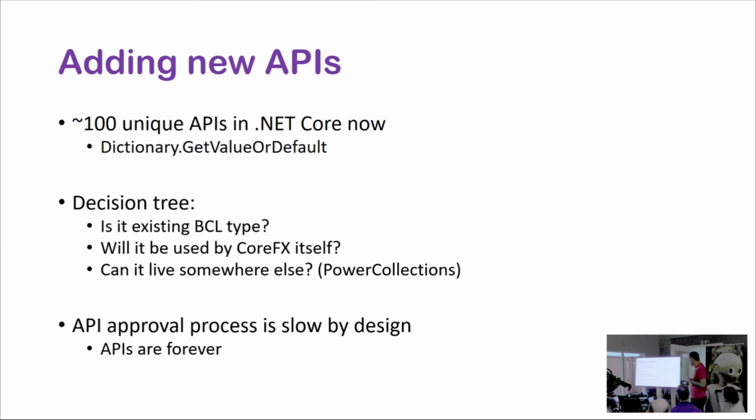Anyway, API approval, as Jonathan mentioned, is kind of slow, and it's by design, because once you ship an API, it's there forever. The worst thing is the implementation. If you throw ArgumentNullException, it's hard to change it to NullReferenceException or something else, because you never know who started depending on that.